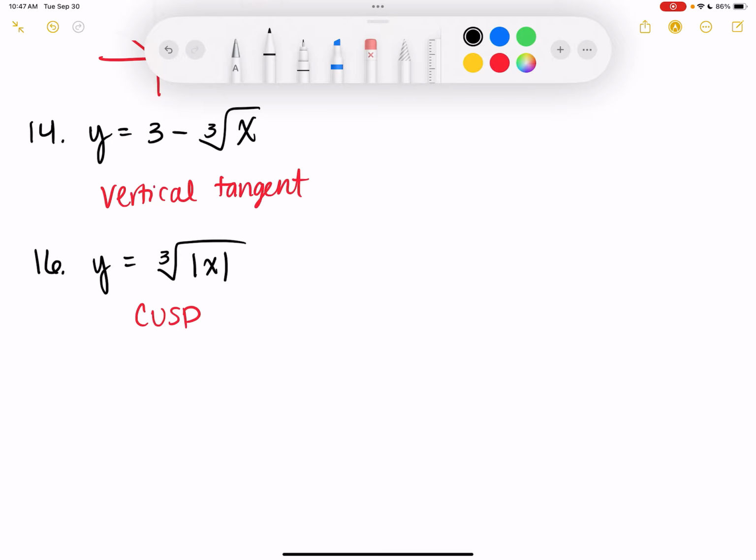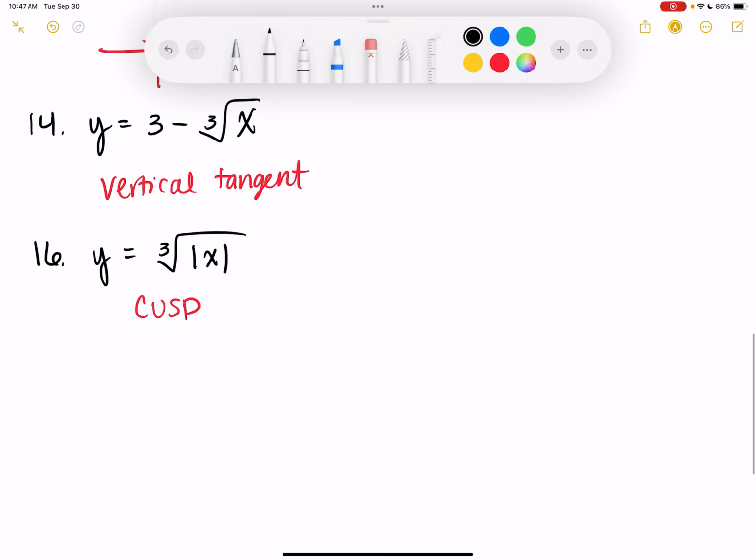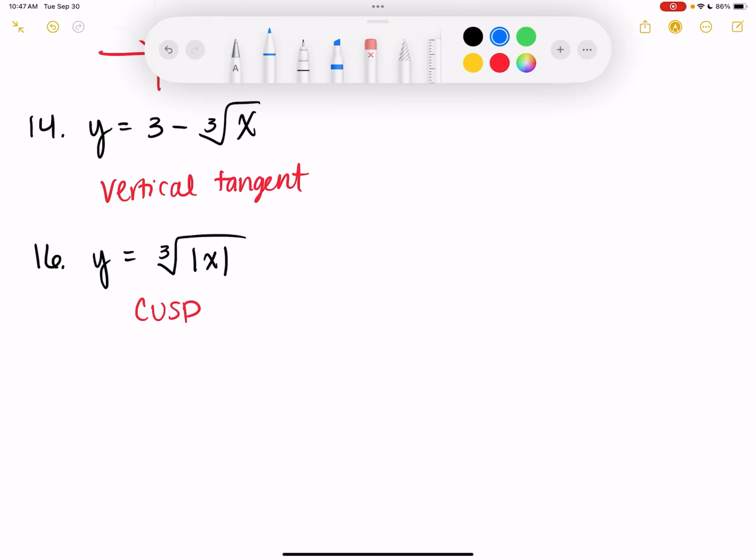If you remember, the other day we had the formula f of a plus h minus f of a minus h, over, well, 2 times whatever h is.